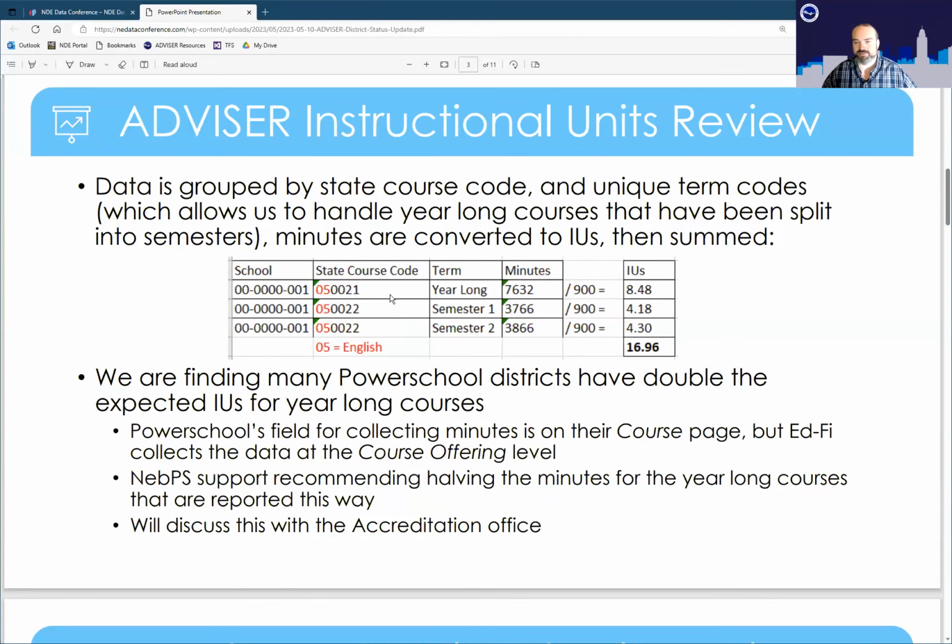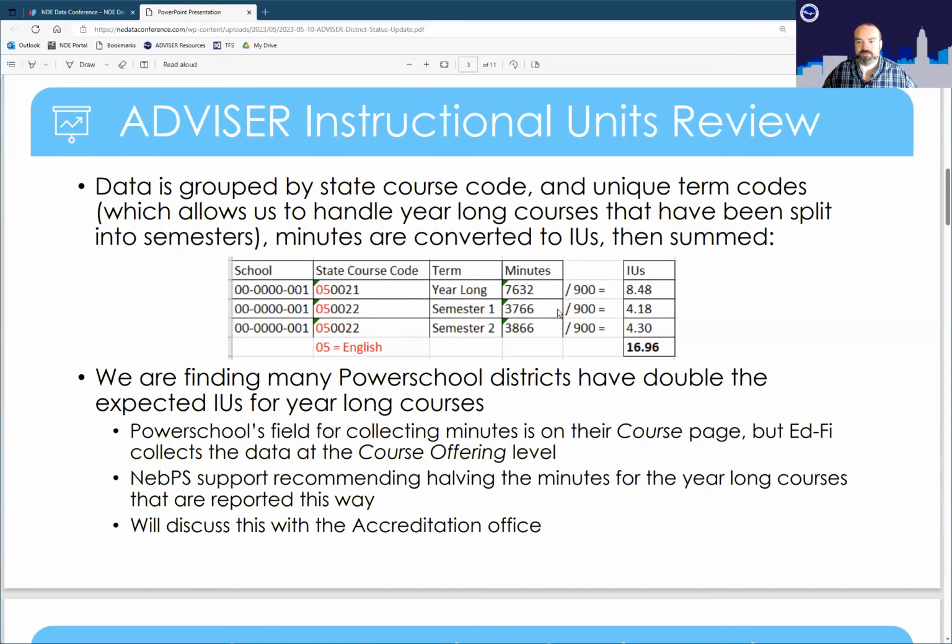So in this example, the first row is a year-long version of a course, and it's got 7,600 minutes, which gives you 8.48 IUs. However, a lot of the SISs, or districts, it just depends on how you set your courses up, may often be reporting a year-long course, but as a semester 1 and a semester 2 section, where you are expecting students to have to enroll in both.